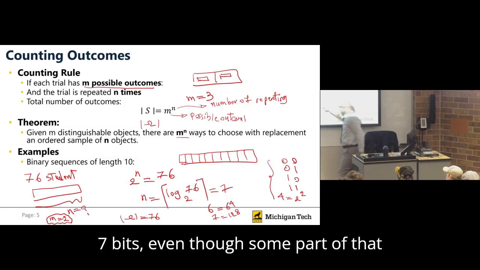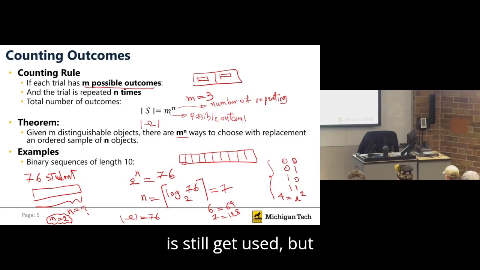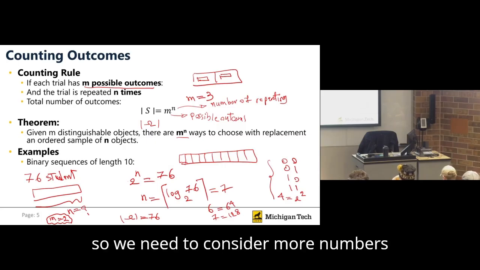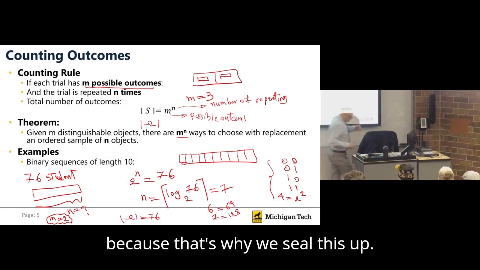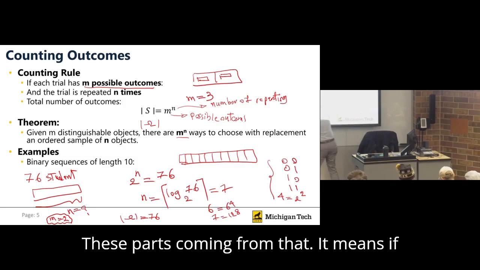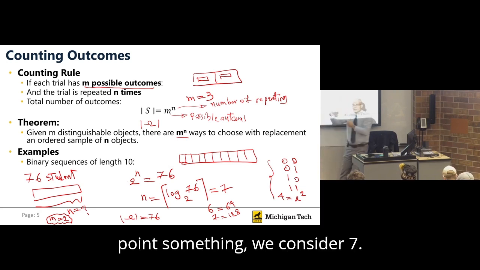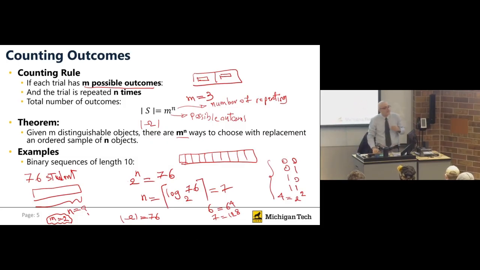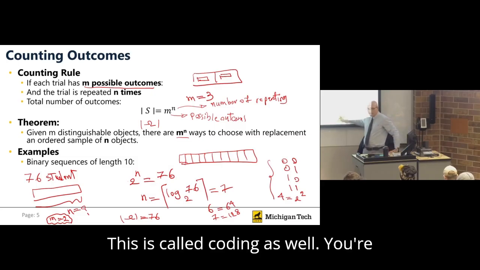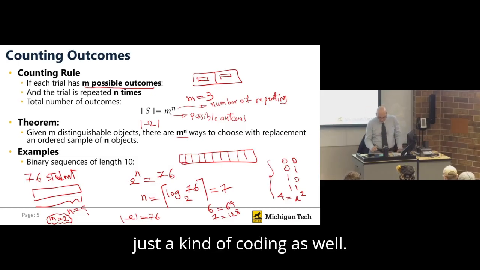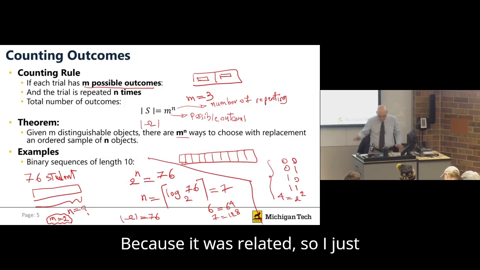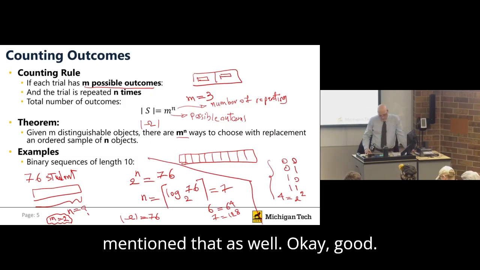So we need 7 bits, even though some part of that is still not used, but we need to consider more numbers, and that's why we seal this up. It means if it becomes, for example, 6 point something, we consider 7. Question? This is called coding as well. It was related, so I just mentioned that. Okay, good.